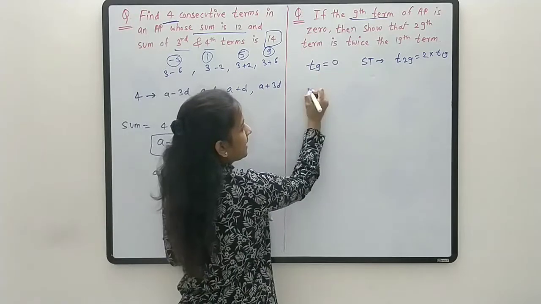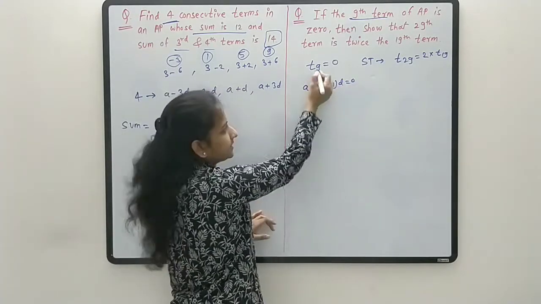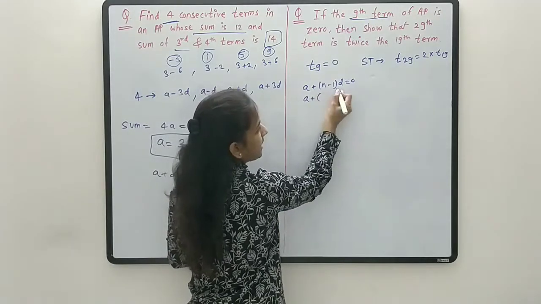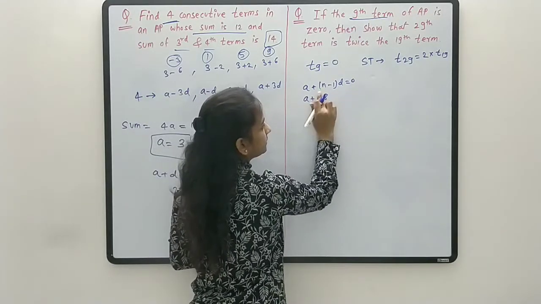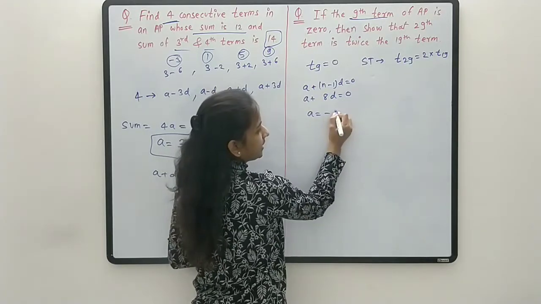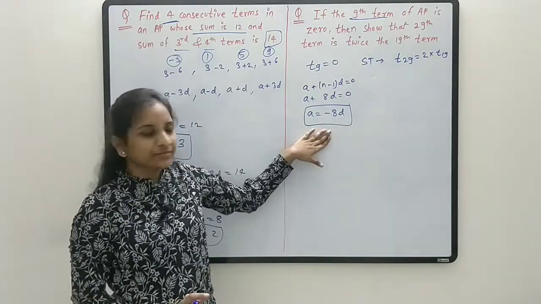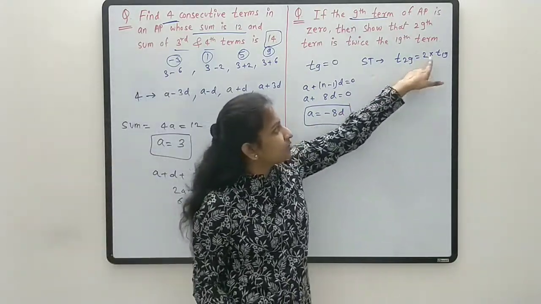The ninth term means a plus n minus 1 d. Here n is 9. a plus 9 minus 1 is 8d. So a plus 8d is equal to 0. Then we can say a is equal to minus 8d. We got this relation. Now we have to prove this left side equals this right side.